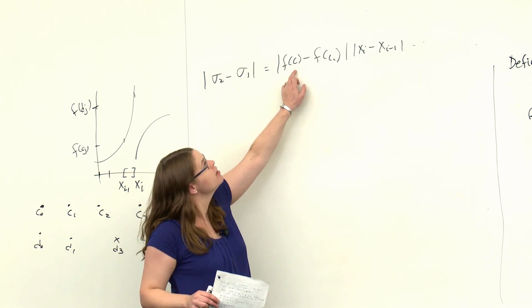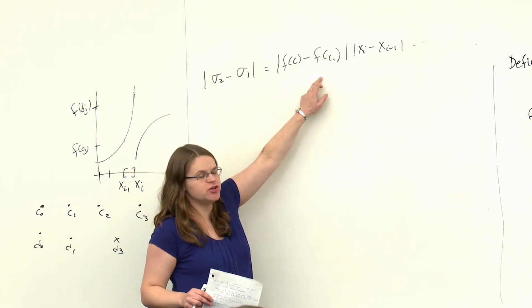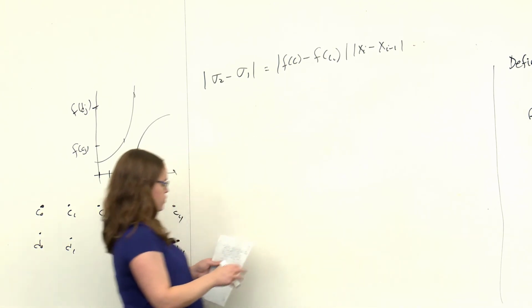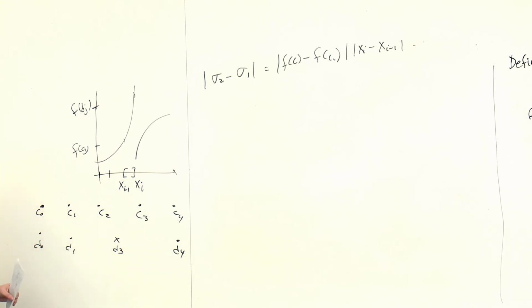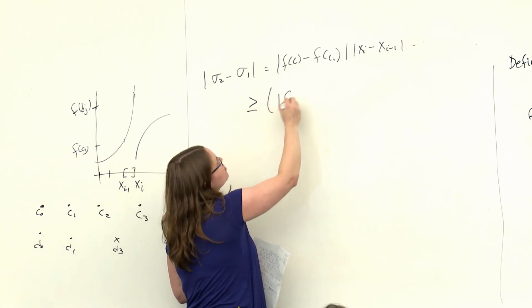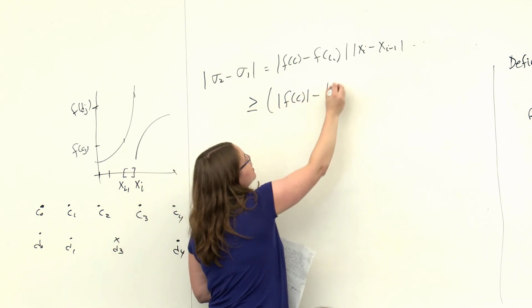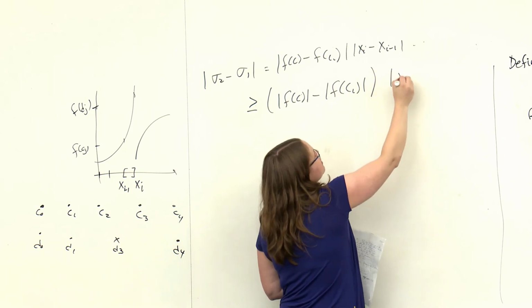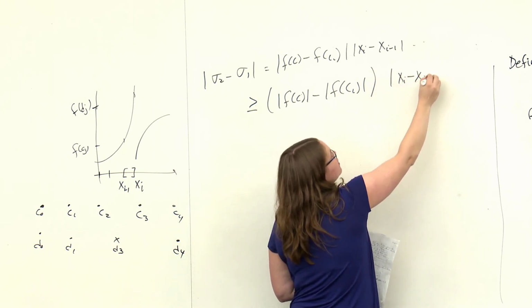We chose C so that this would be very much bigger than f of ci. So this, let me break this up carefully. This is going to be bigger than the absolute value of f of c minus the absolute value of f of ci times xi minus xi minus 1.